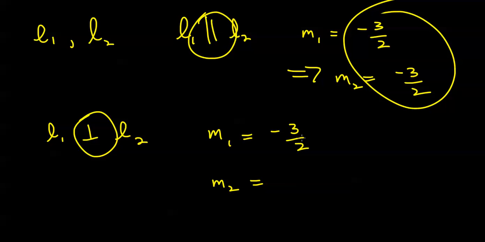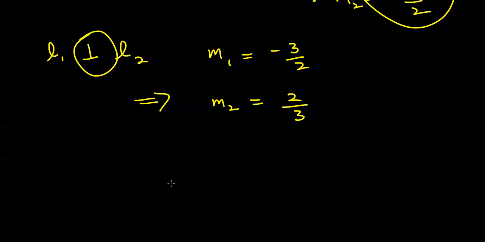That means just that. You negate and reciprocate. So the negative reciprocal of minus 3/2 is positive 2/3. Okay?